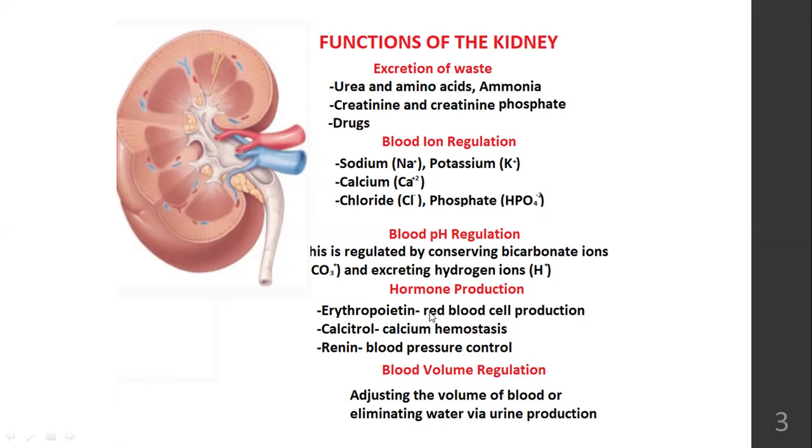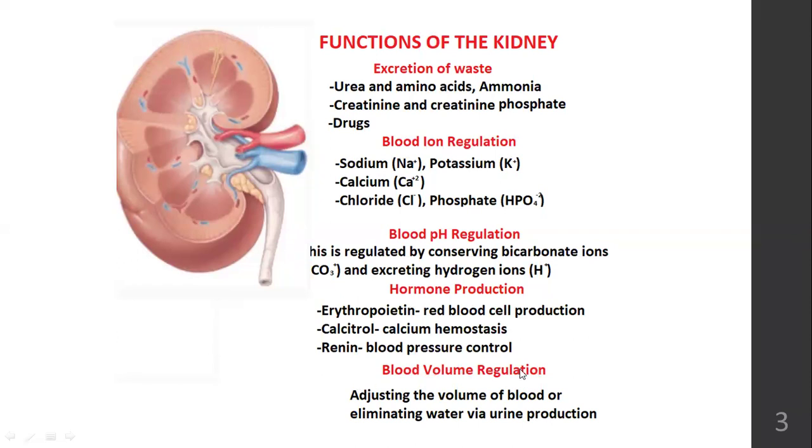As I mentioned, when kidneys filter out calcium from the blood, calcitriol is a hormone that identifies if there is less calcium or too much calcium in your system, and it will signal the kidneys, and calcium will be taken back into the system. Renin will regulate your blood pressure.